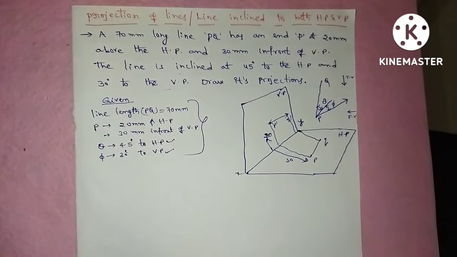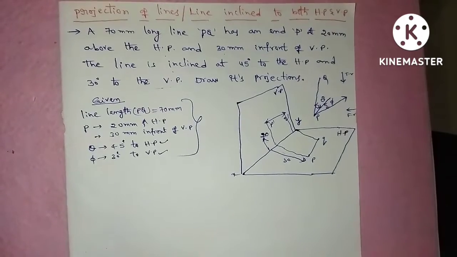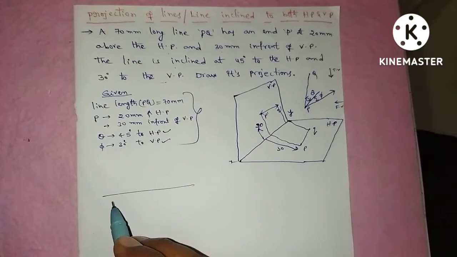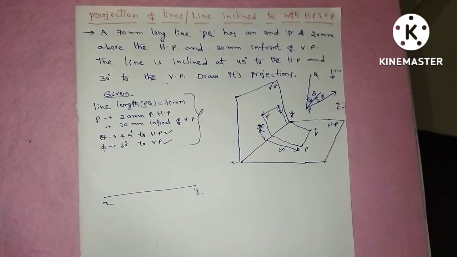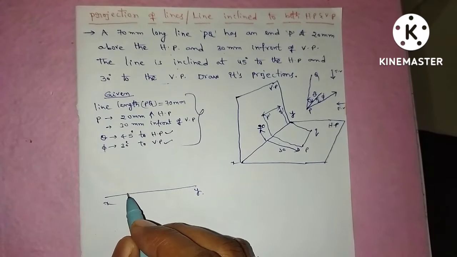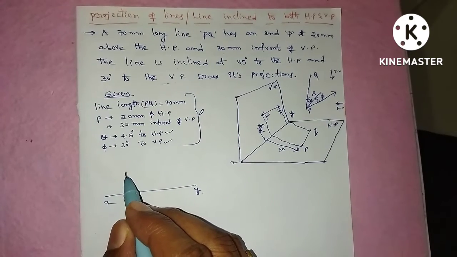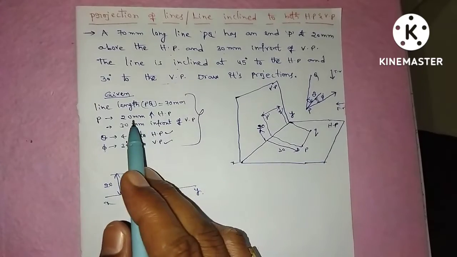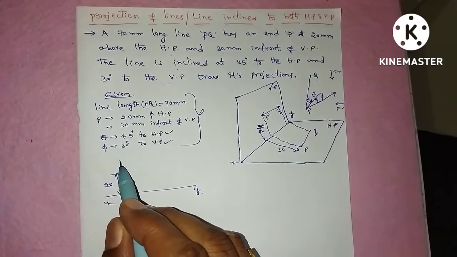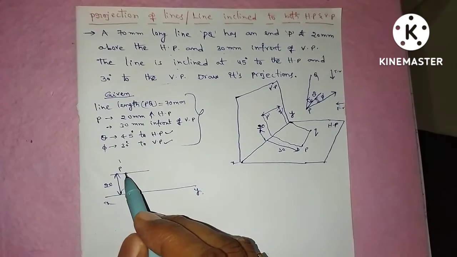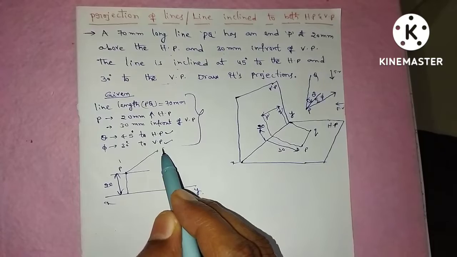So first consider when the line is inclined to HP. In such a case the front view is an inclined line and the top view is a horizontal line. Draw it. Initially P dash is 20 mm above XY, and from P dash draw the line at 45 degrees to HP, it is an inclined line.